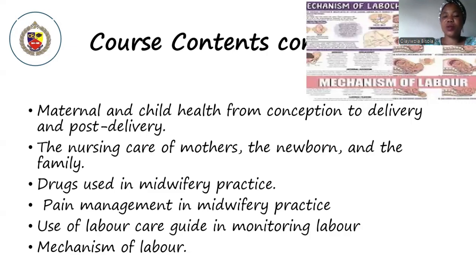Here, we have different mechanisms of labor depending on the presentation of the child and also the position of the child. We're talking about the normal mechanism of labor, where we'll be discussing the left occipital anterior and the right occipital anterior. Also, we'll be talking about the abnormal mechanism.